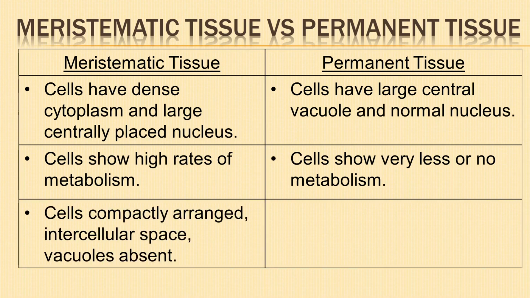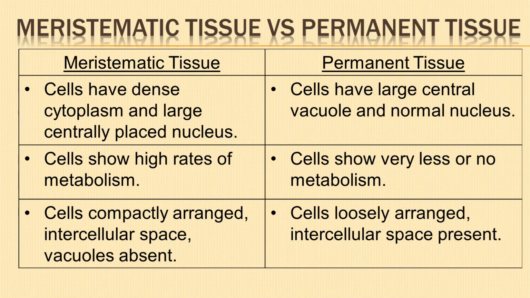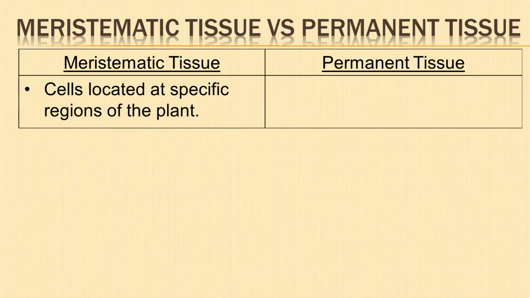Cells of meristematic tissue are compactly arranged with no intercellular spaces and lack vacuole. Cells of permanent tissue are loosely arranged and have intercellular spaces. Meristematic tissues are located at specific regions of the plant.